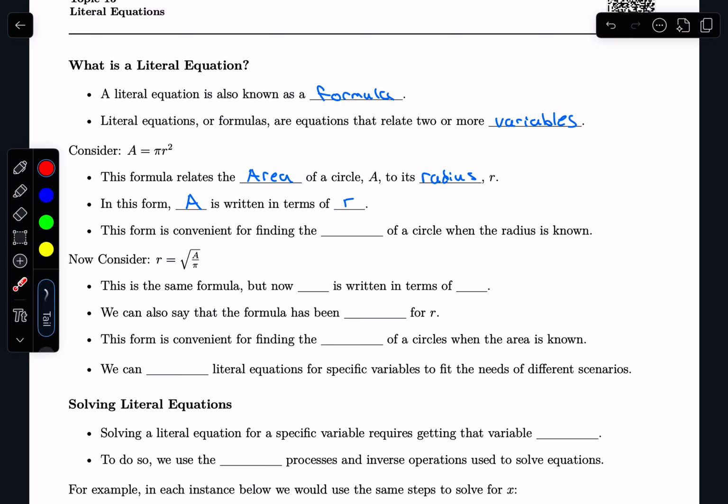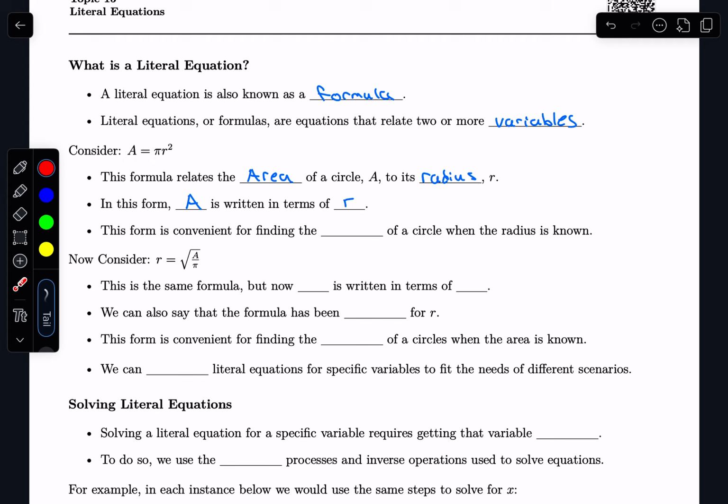Now this phrase in terms of, think about what the right side of this equation is, pi r squared. This is one term, because everything's multiplied together, and the terms have r in them. So the only term that describes the area involves an r. So we say that A, which is area, is written in terms of r.